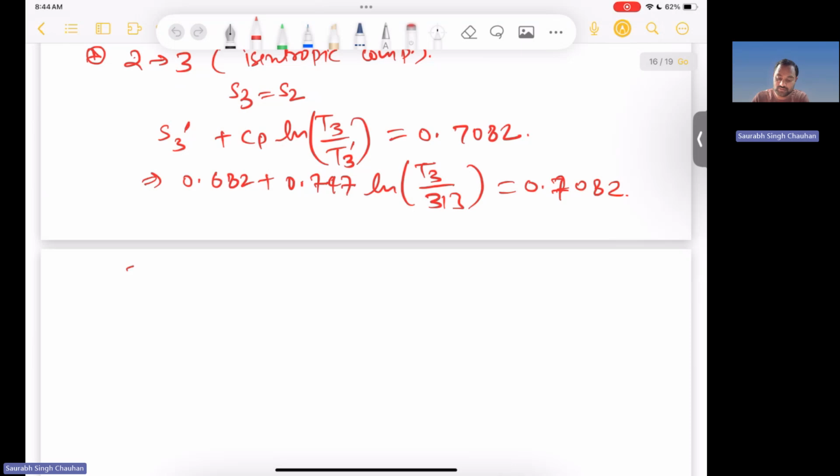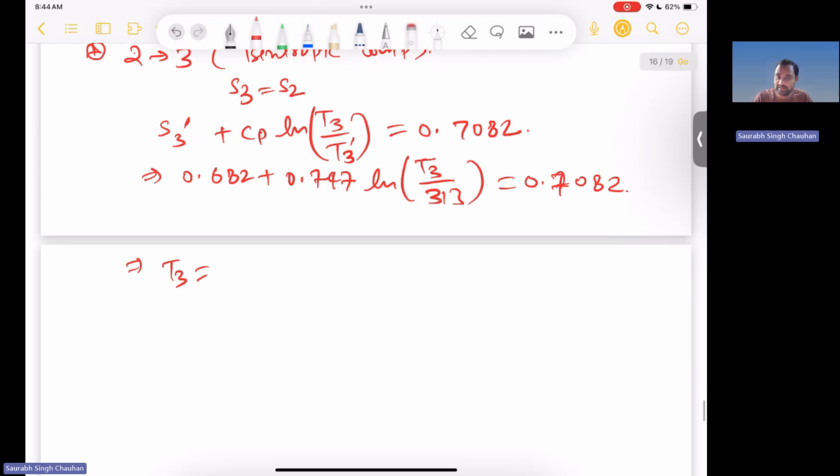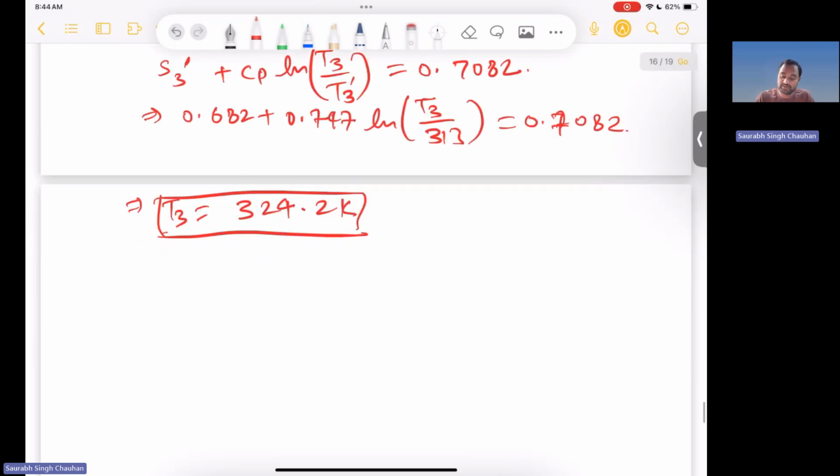So from this equation, you can calculate the T3. I'm not doing the calculation. I request you to please try to do it by yourself and check if you are getting T3 equal to 324.2 Kelvin. It's simple like log.